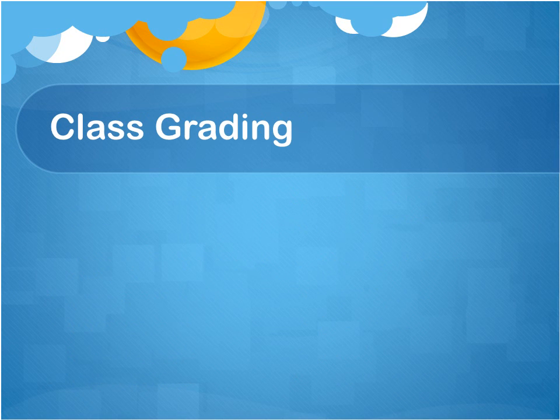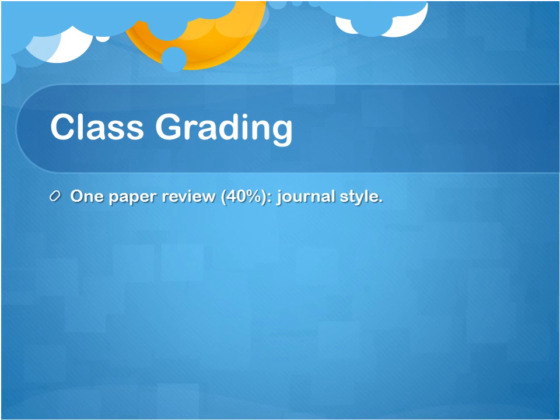Something that probably will interest you is how this class is going to be graded, and I do detail that in the syllabus. Essentially the class is going to be graded by two major assignments. One's going to be a paper review: I'm going to give you a piece of literature, and I'm going to ask you to critically review it in what I call a journal style fashion, and we'll give instructions and indications.